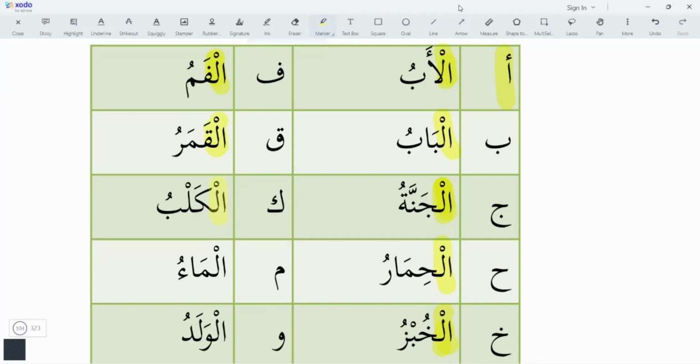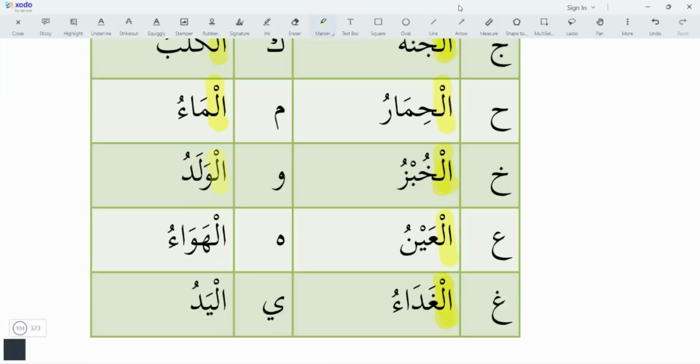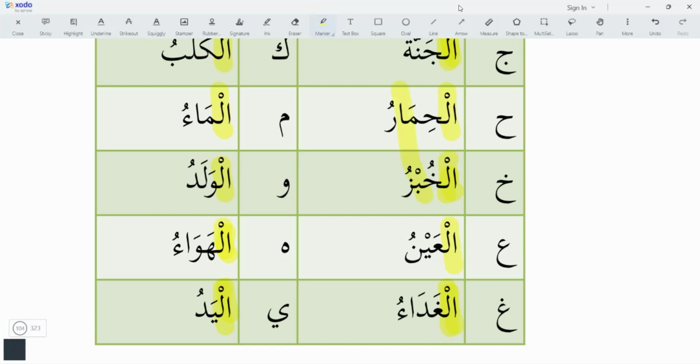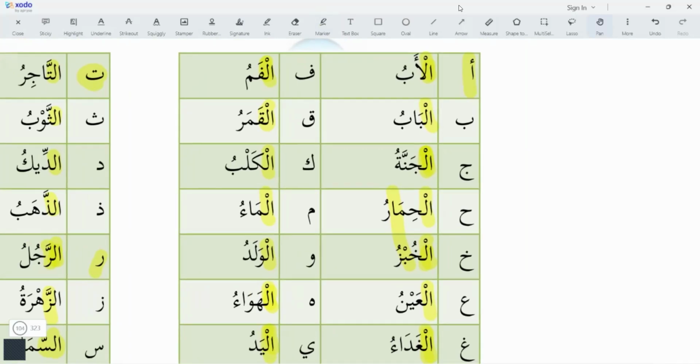Al-kalbu, the dog. Al-ma'u, the water. Al-waladu, the boy. Al-hawa'u, the air, the wine. Then al-yadu, the hand. So these all are huruful qamariya. And in the huruful qamariya, we pronounce the lam of the definite article al.